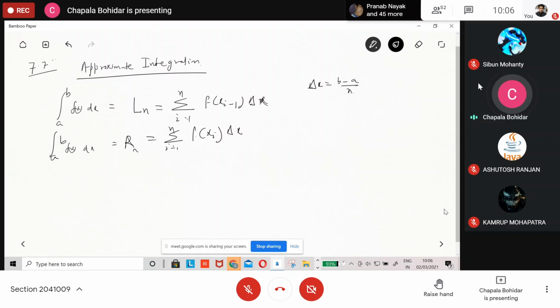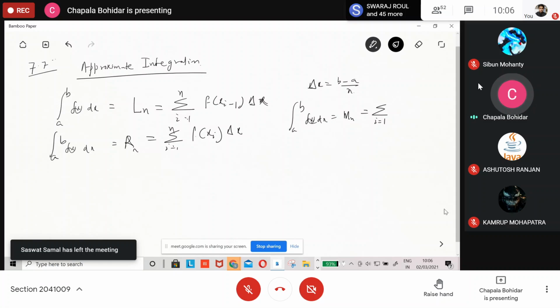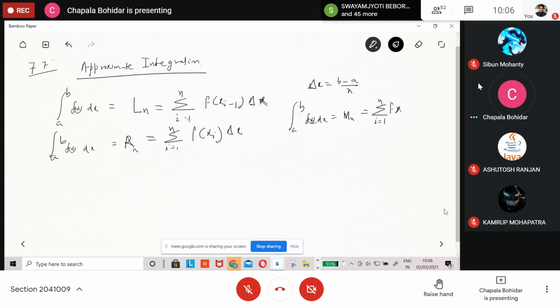And middle point, integral from a to b of f(x) dx is M_n, equal to del x times summation over i equal to 1 to n of f(x_i bar). That is your middle point. All this we call the Riemann sum.